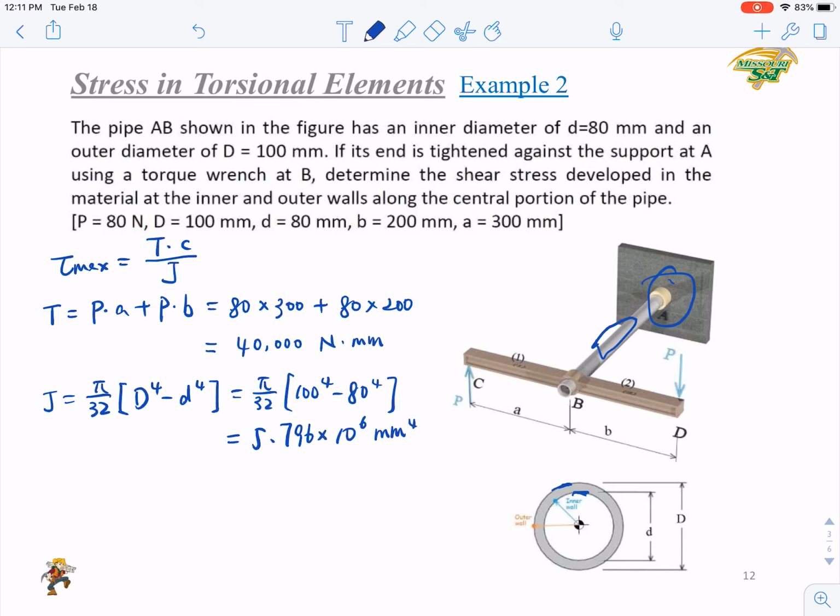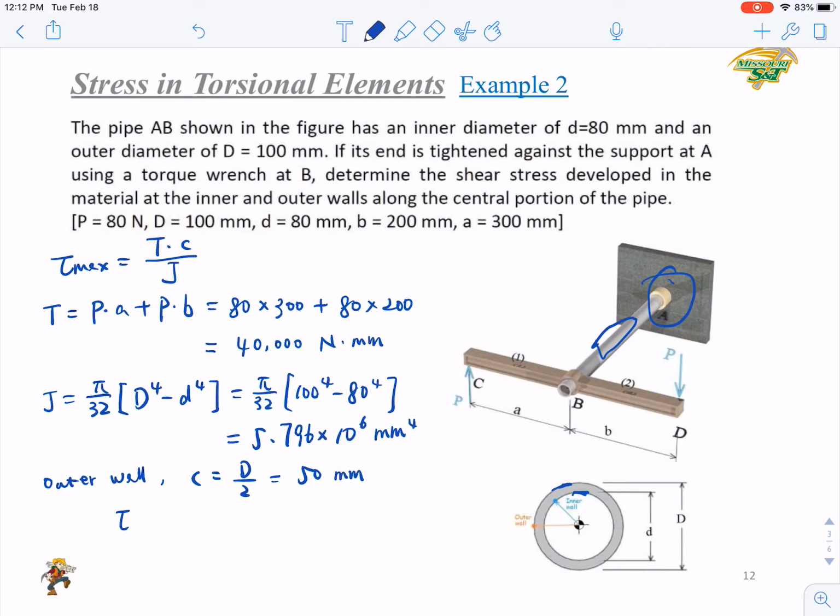So now let's look at the maximum shear stress at the inner wall and outer wall. Let's look at the outer wall first. For the outer wall, C equals half D, half the outer diameter. So this will be 50 millimeter.